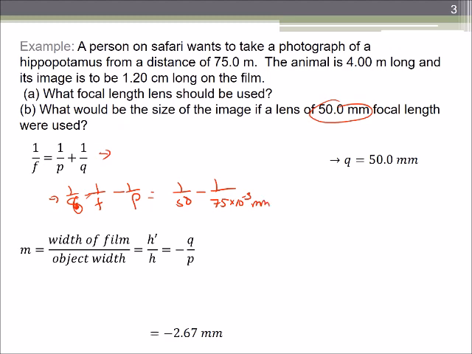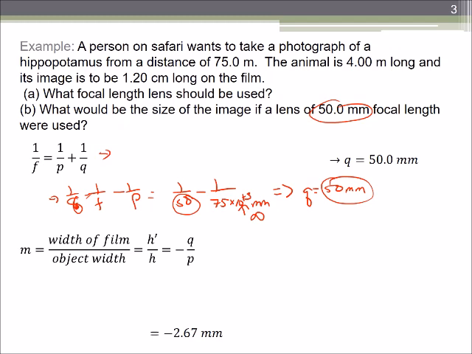That's 75 meters, positive 3, and I'm using millimeters because I want my Q in millimeters. At 50 millimeters, this is basically infinity. You notice that this number and this number are the same, because this number is really, really big compared to 50, and so for all effective purposes, it's infinity.